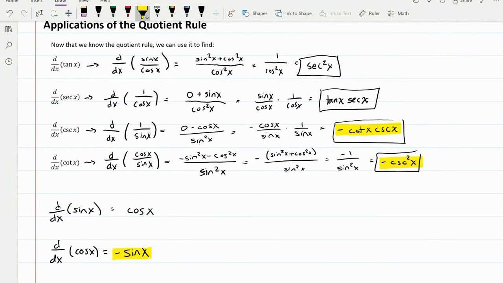So cosecant of x has a derivative that is negative, cotangent x has a derivative that is negative, and cosine of x has a derivative that is negative. Notice that all three of those functions were our co-functions. Cosecant, cotangent, and cosine. This is a little helpful hint that I use all the time to remember which trig functions are positive when we take the derivative and which trig functions are negative when we take its derivative.